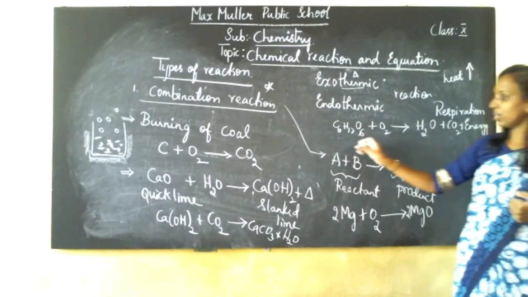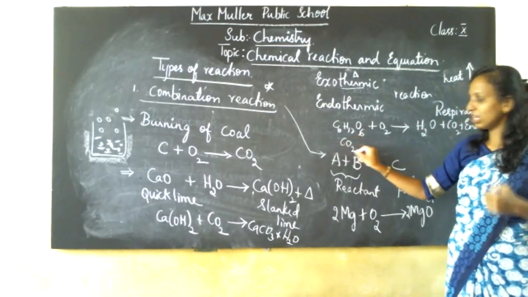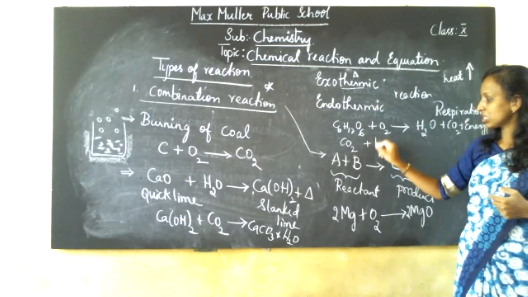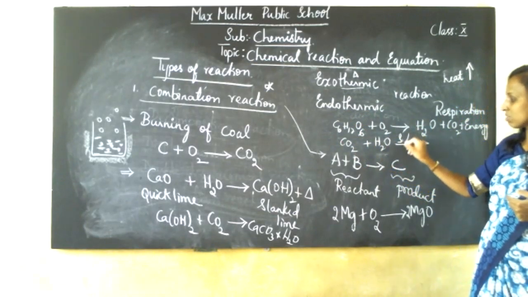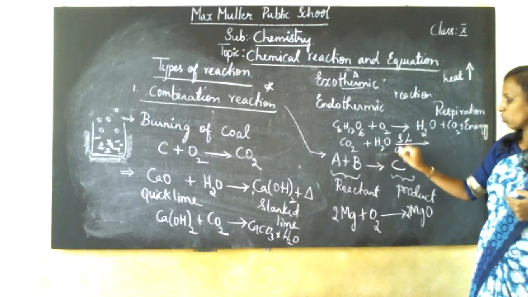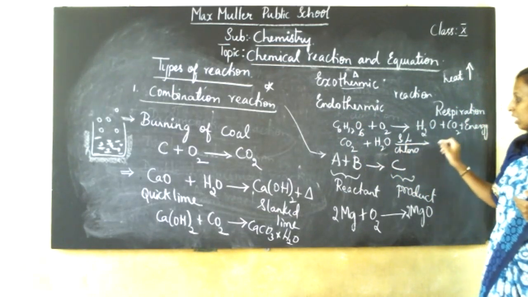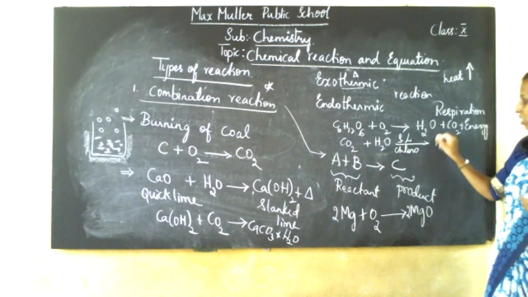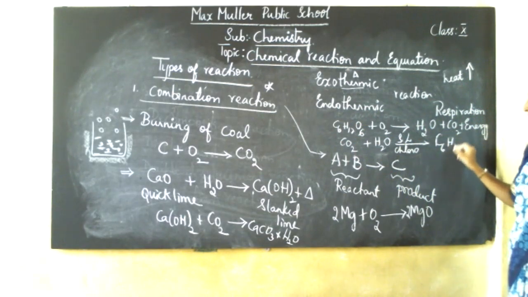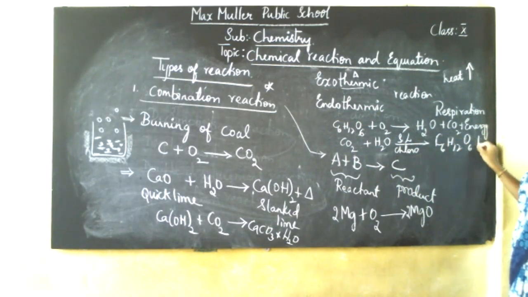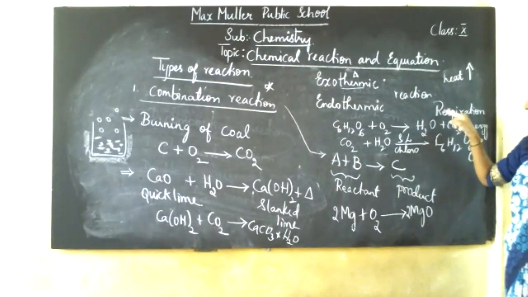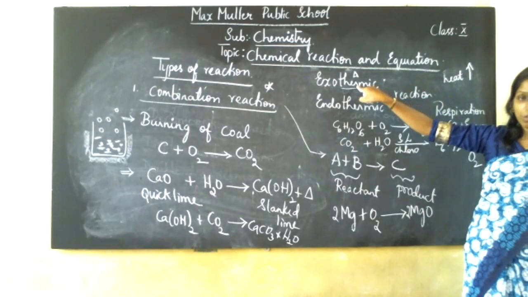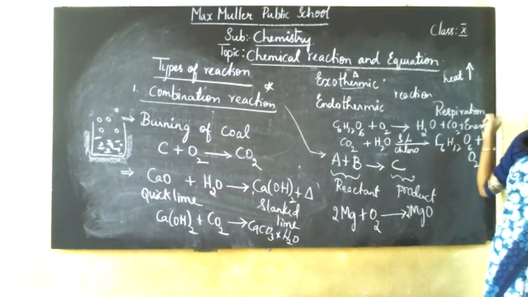The same thing if I take carbon dioxide, which we leave out. With the presence of water, sunlight and chlorophyll, the plant is going to prepare its own food, that is C6H12O6, and they leave out oxygen. Respiration is an example of exothermic, where energy is liberated.